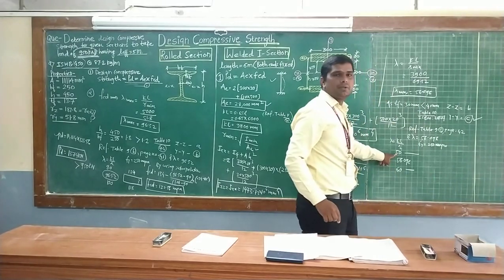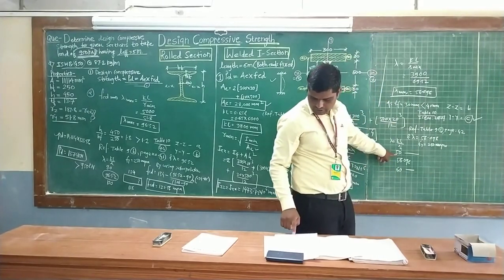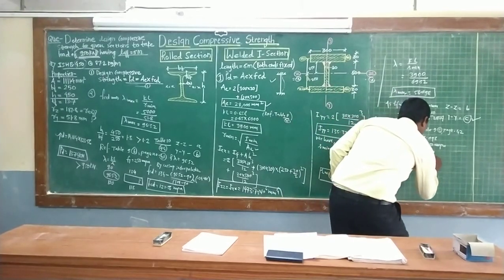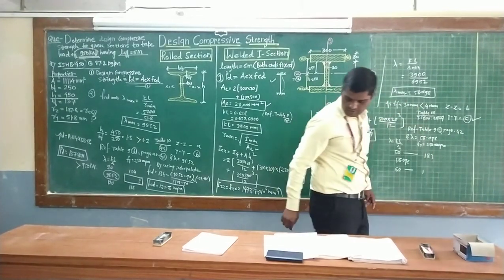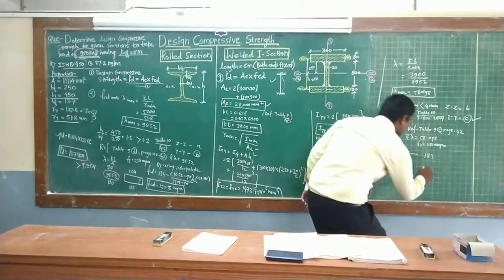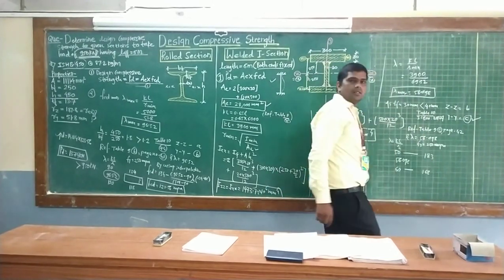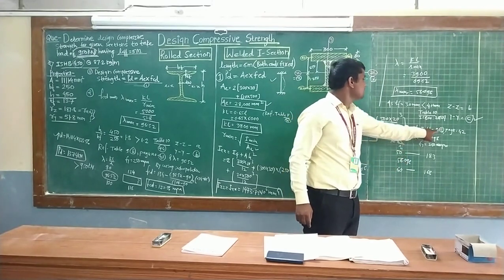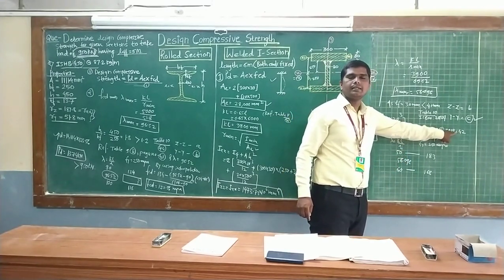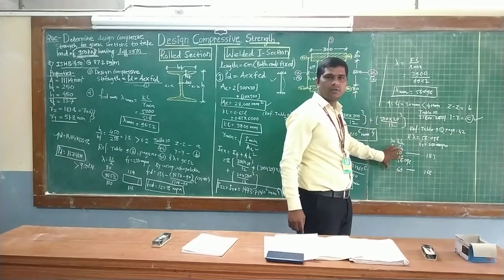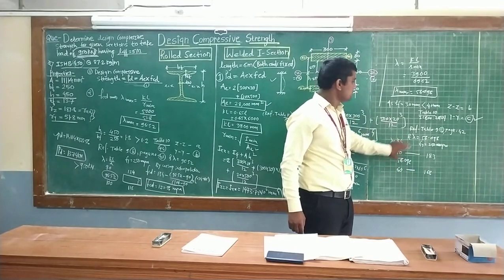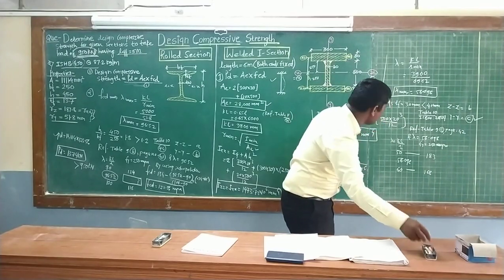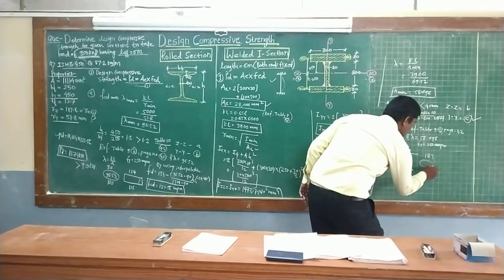So for this particular value of 50, the answer is 183 and for 60 it is 168, as mentioned in Table number 9 of C, page number 42, IS 800:2007. This value is already given in 9 of C. We just note it down, and in between we are going to find this value.